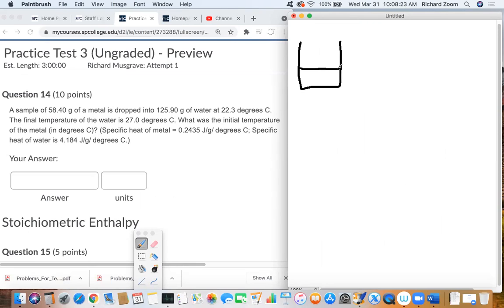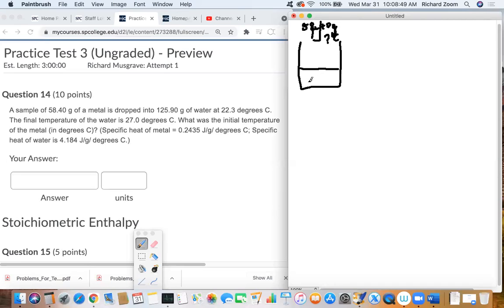So same kind of story, but we've got 58.40 grams. And we've got 22, let's see, what is that? We don't know the temperature.